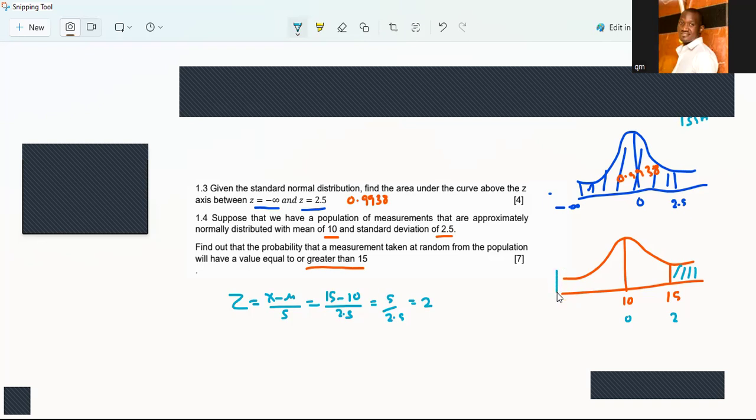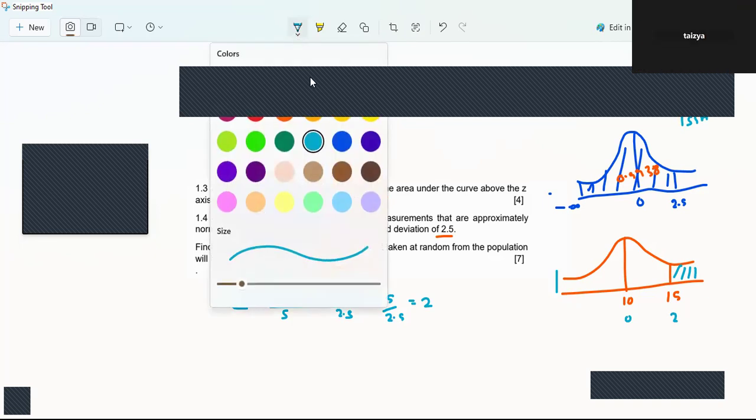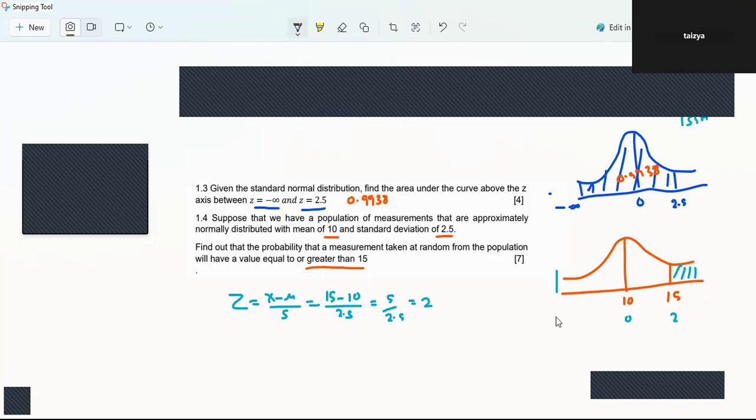So what is the area from negative infinity to 2, without using the table, using your head? What is the area between negative infinity and 2? This whole area from here to here. What is the probability? You should memorize it: 0.9772.